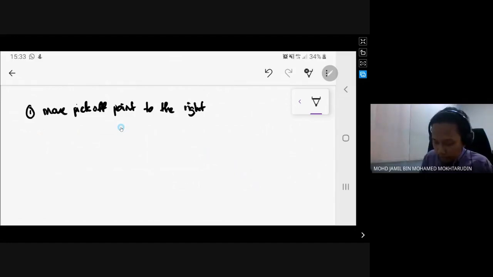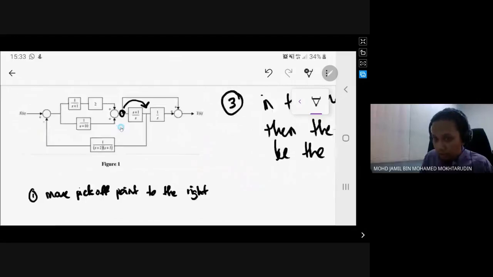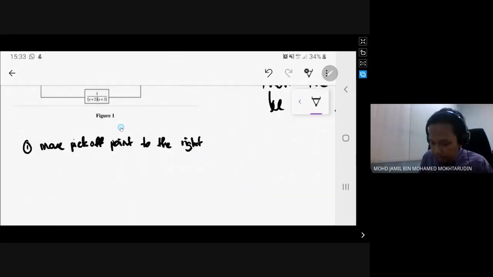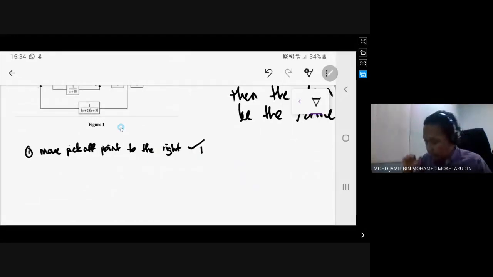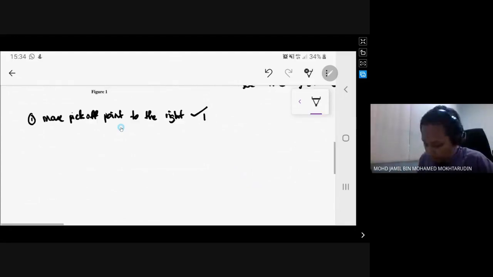Okay, so if some of you redraw the question and you indicate something like this, and then you write some description, you can get 1 mark. And then you actually redraw and show the calculation of moving the pick off point.